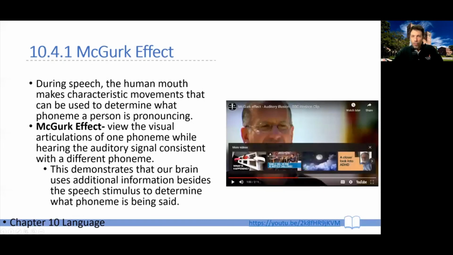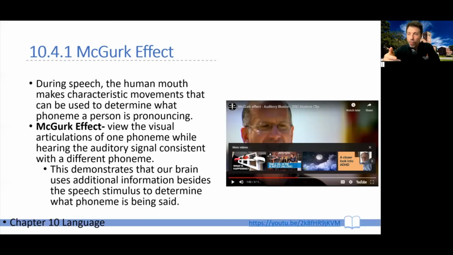And so this is a wonderful example of how we make use of visual information in order to try to disambiguate auditory information. Again, what was happening here, you always heard the same audio stream. It was always ba all the time. But because sometimes what was articulated looked like ba, and other times it looked like fa, just because of the way he was articulating, you had the impression that you were hearing something different.